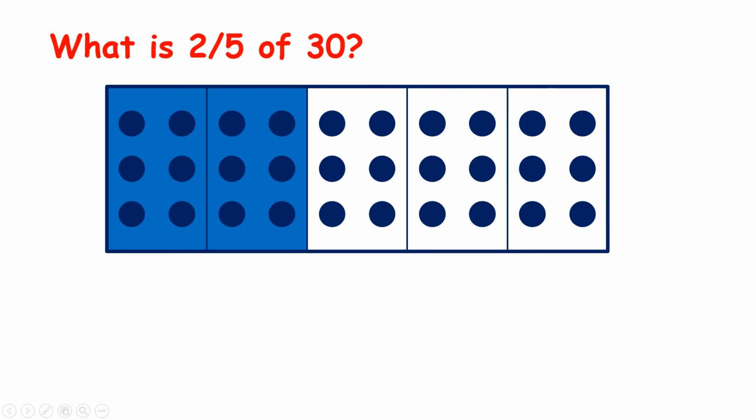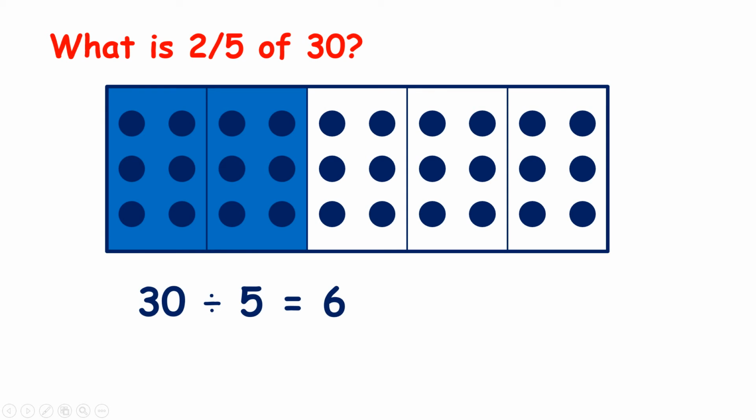So what is 2/5 of 30? Well, here you can see we've got 30 circles. We've divided them into 5 groups because that's our denominator, but we've got 2 groups coloured because we don't want 1/5, we want 2/5.